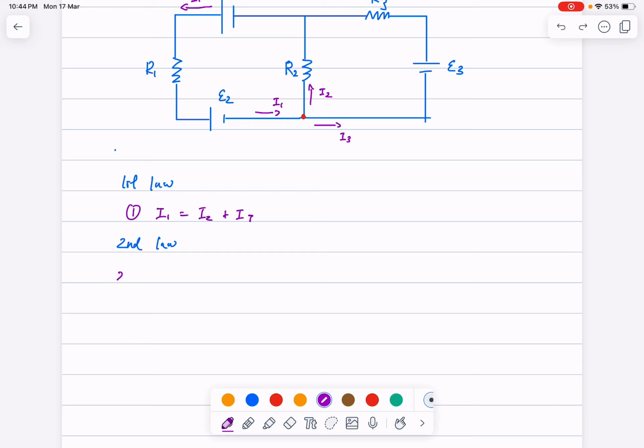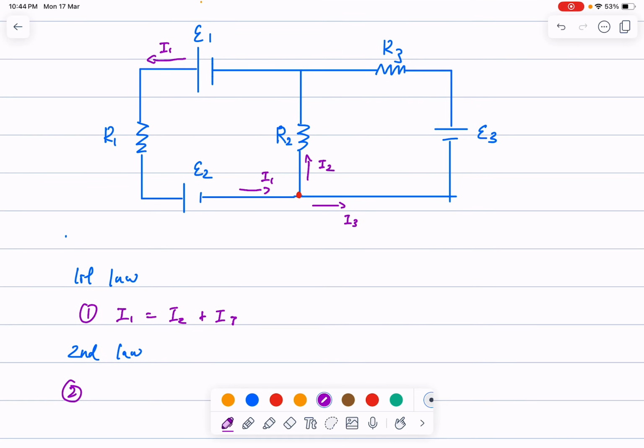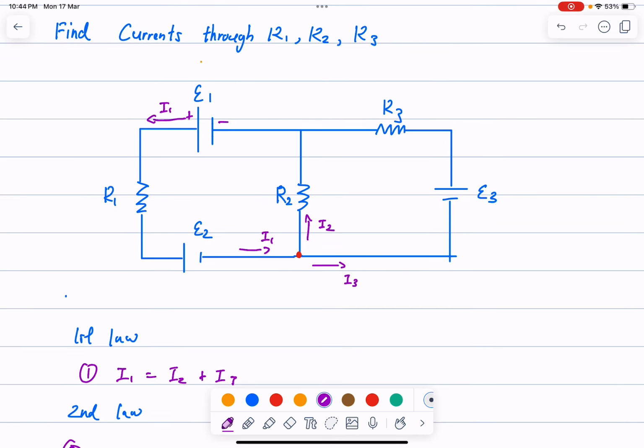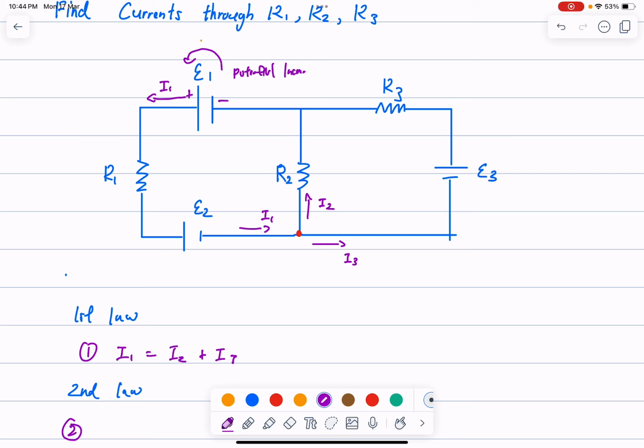Let's say that this is a positive potential change. This is negative, this is positive, and I'm going in this direction. So this is a potential increase. Great. So I'm moving along this way.